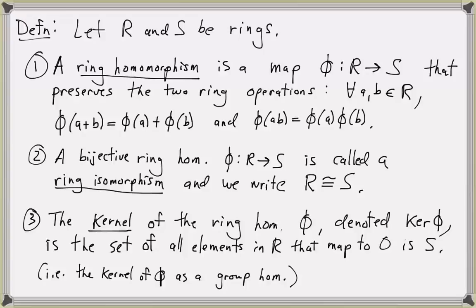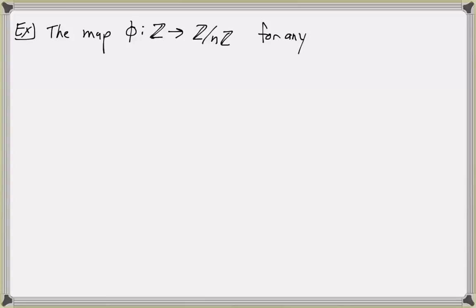So just as we used homomorphisms to study group structures, we're going to use homomorphisms to study the structure of rings. So let's look at an example of a ring homomorphism. Let's define the map phi from the integers to the set of integers mod n, for any integer n.